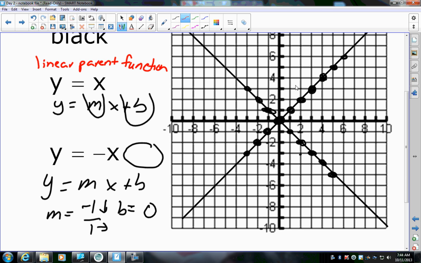Like when I moved my steps, did I go up and over by the same amounts? Yeah, I did. I went up one and over one, or I went down one and over one. What was the only difference? The negative. Okay, these lines are the same steepness.